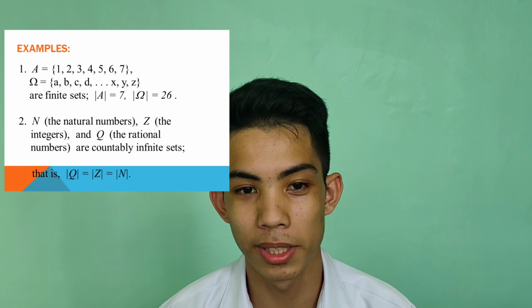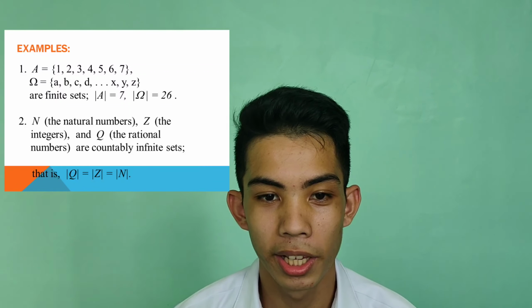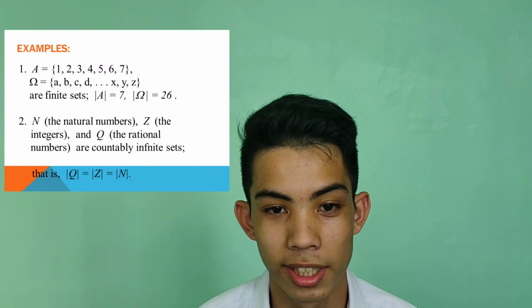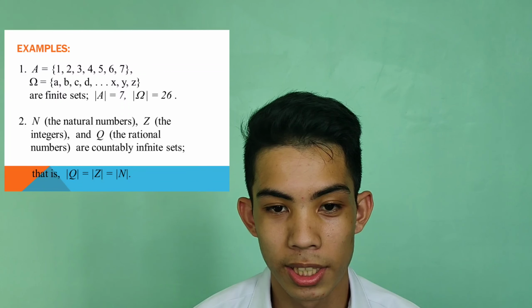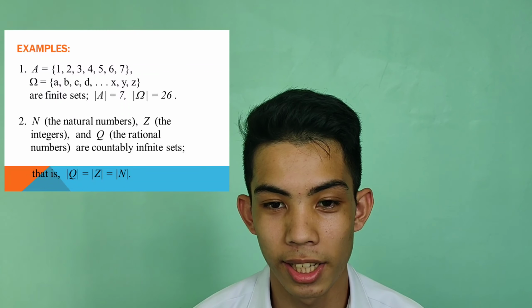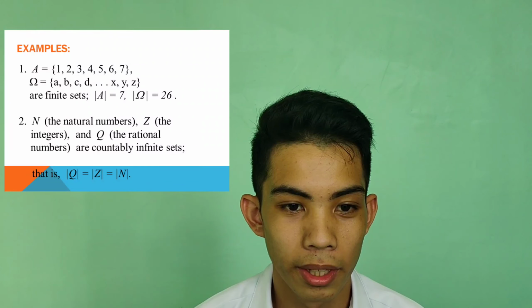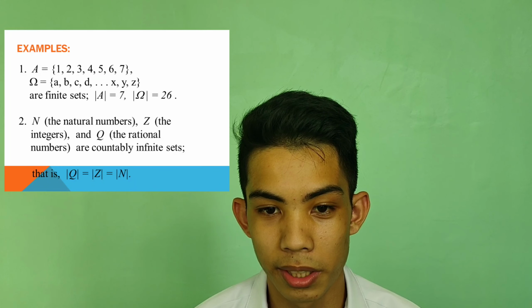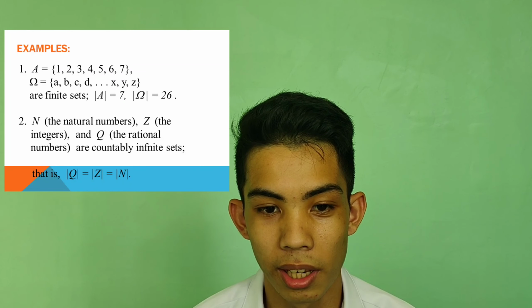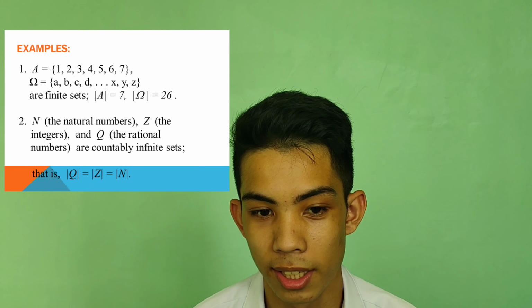Examples. The first set has 1, 2, 3, 4, 5, 6. Then the second set given has A, B, C, D, and so on. Our finite set A is equal to 7. A represents the first set, then the second set is 26. N, the natural numbers, Z, the integers, and Q, the rational numbers, are countably infinite sets.